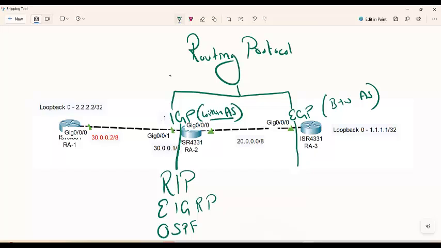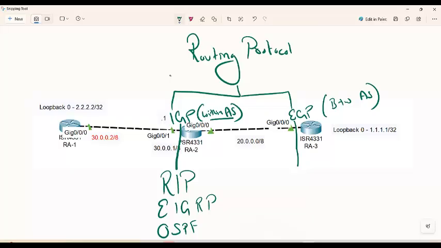These are the three that we will be dealing with in CCNA, but not that in depth like in CCNP and CCIE. Every topic repeats again, but in a deeper sense at all levels.